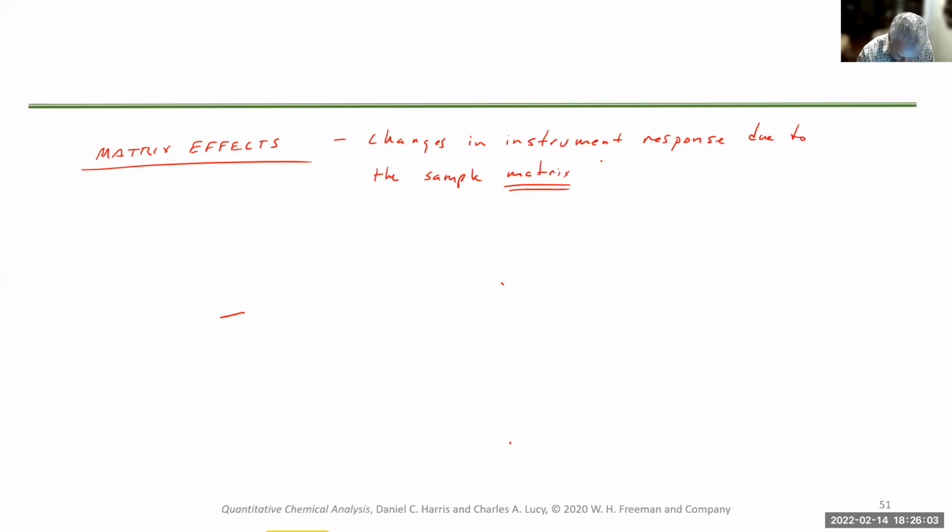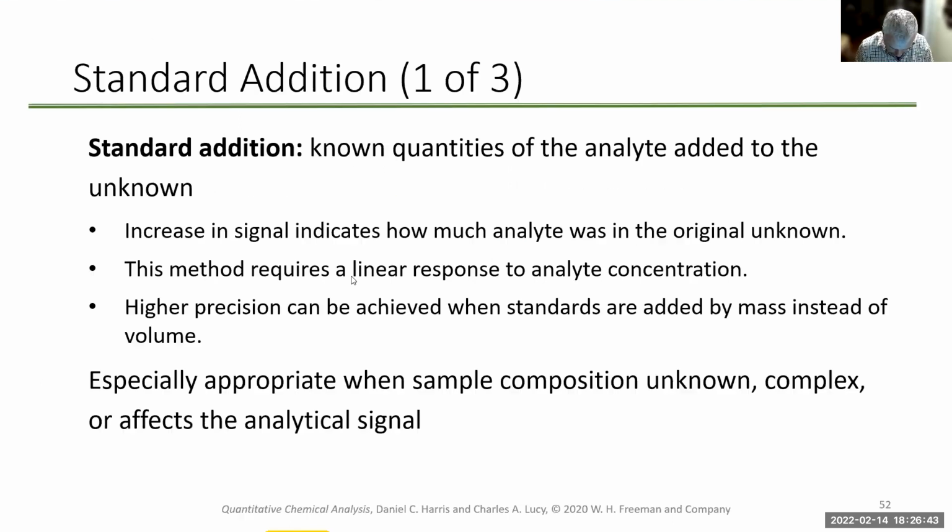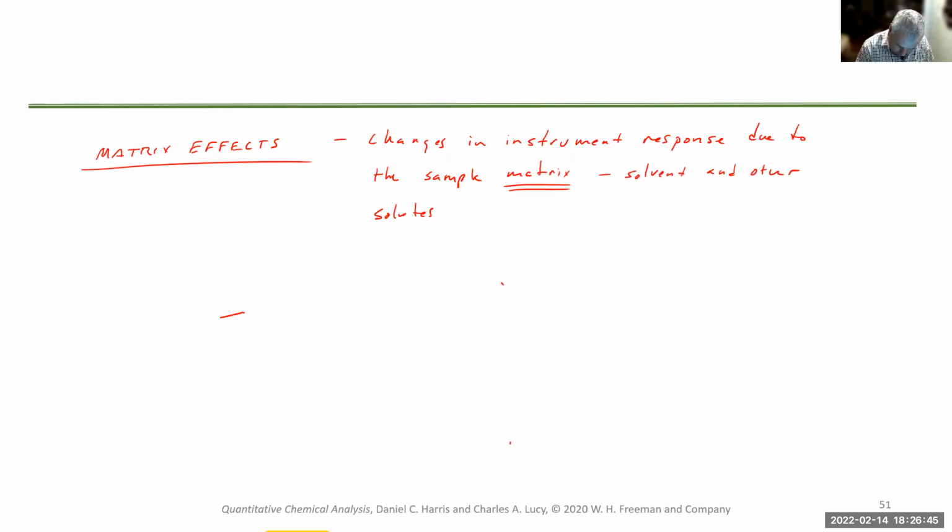Sample matrix is the solvent and other solutes that are not the sample. Oops, what just happened here? Computer's not answering. There we go.